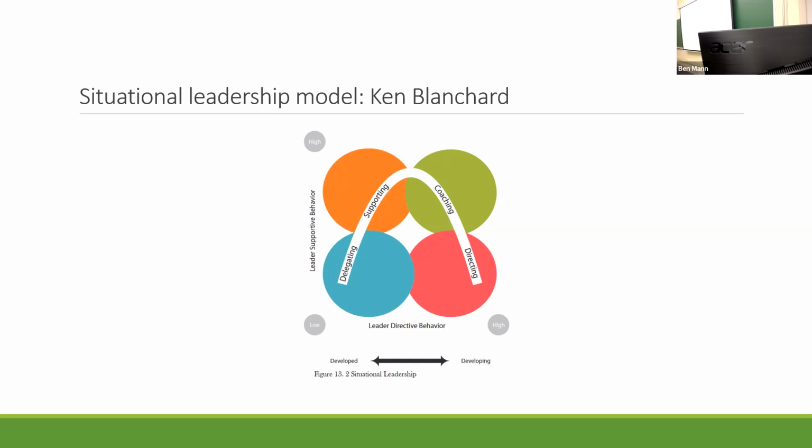So one of them here at the top includes both high leader-directed behavior. So there's leader-directed behavior here, right? How much is the leader guiding or developing how members of the group are supposed to behave, and how much is the leader offering support, such as offering resources or being available to help, right? If there's a lot of support, but there's not a lot of directive, we have what's considered to be a supportive style.